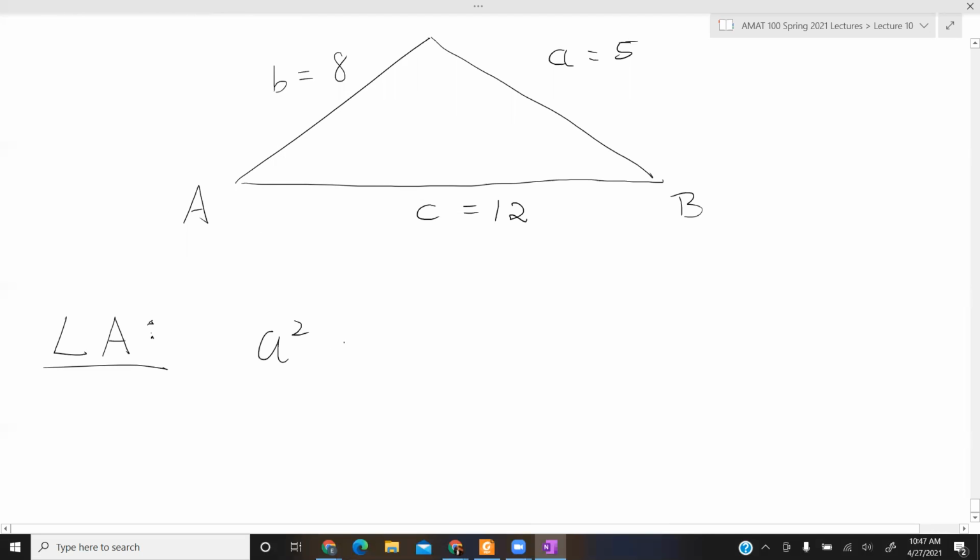So the equation we want is a squared is equal to b squared plus c squared minus 2bc cosine A. The product you take is just the product of those sides that appear on the right-hand side. This is what we want to solve for.